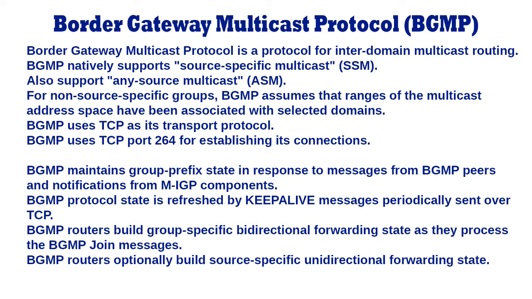BGMP routers optionally build source-specific unidirectional forwarding state only where needed, to be compatible with source-specific trees, that is SPTs, used by some MIGPs, or to construct trees for source-specific groups.